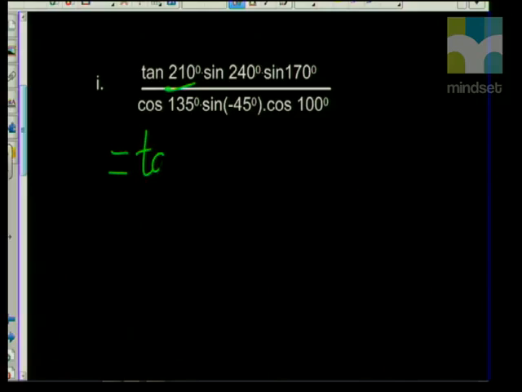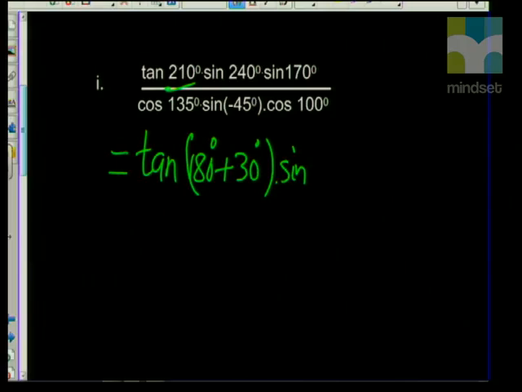So this is tan of 180 degrees plus 30, multiplied by sine of 180 degrees plus 60. I am still fine here. I have the 30 and the 60. Those are the special angles.